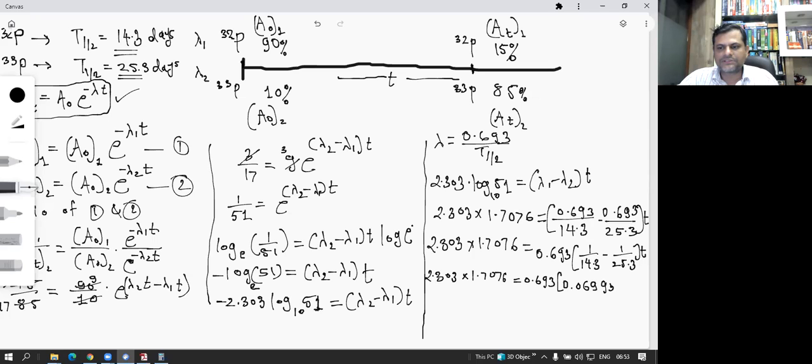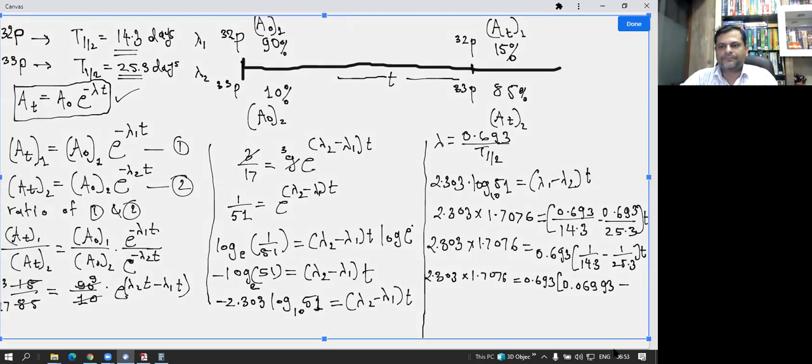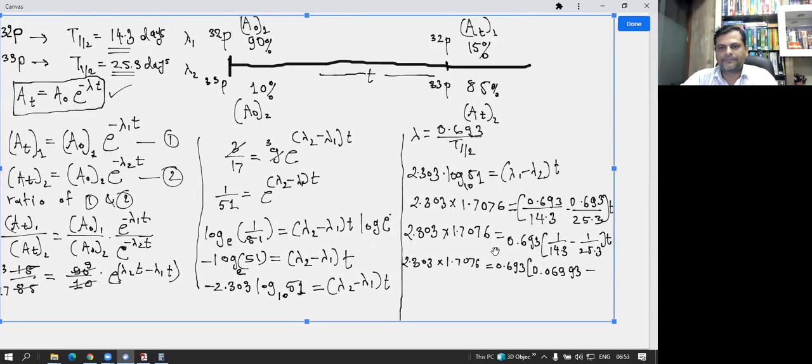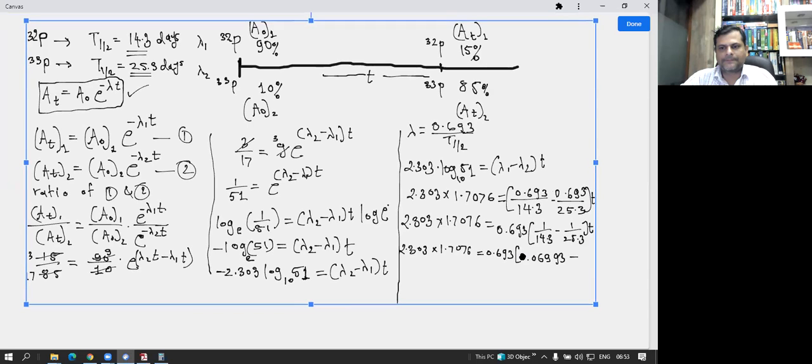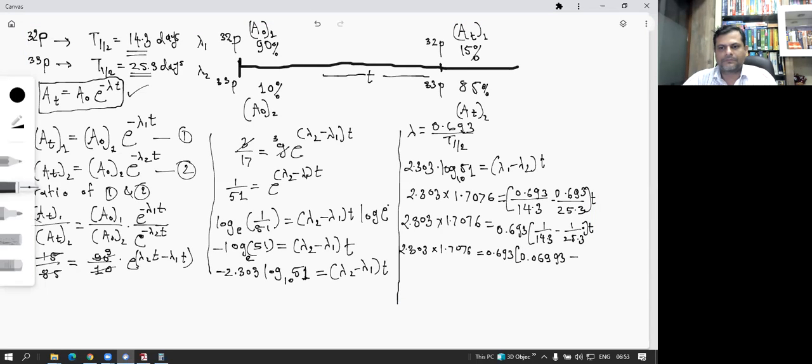So 0.06993 is the reciprocal of the first number, and the second number is 25.3, whose reciprocal we also have to find. So how much does it come out to be? From the table, 2.5 and 3 quickly gives 3953.